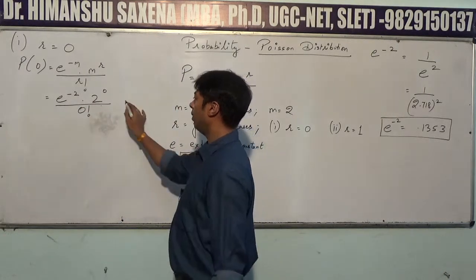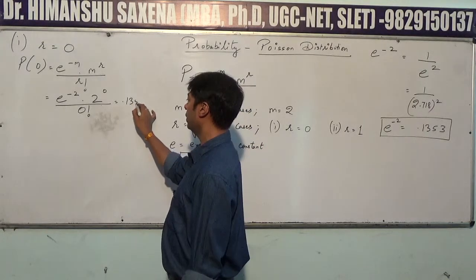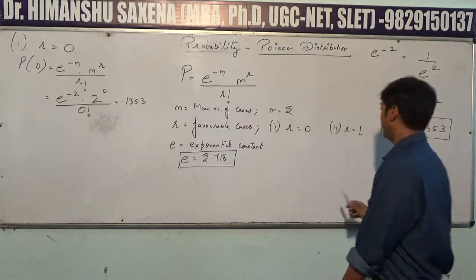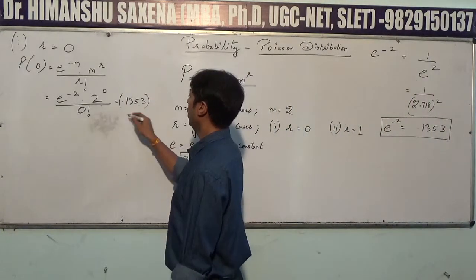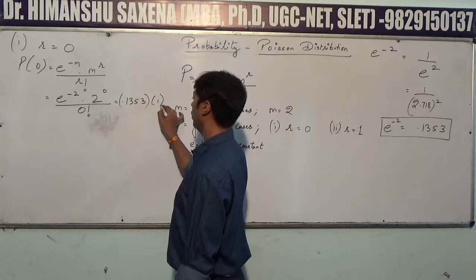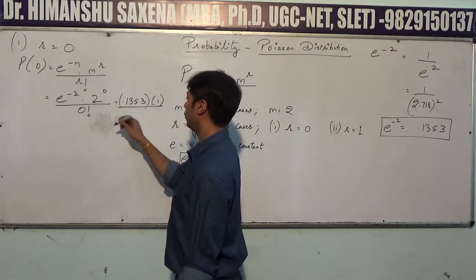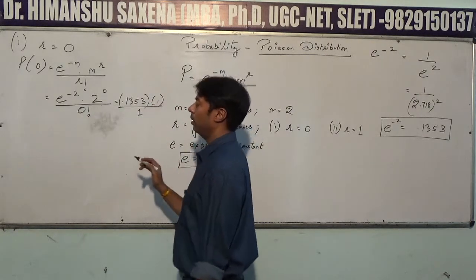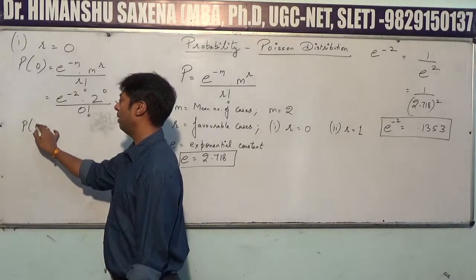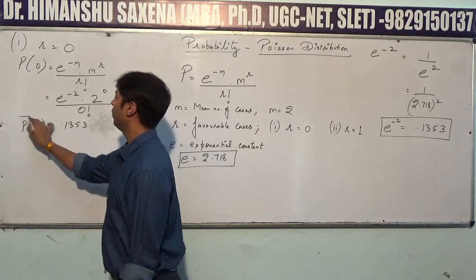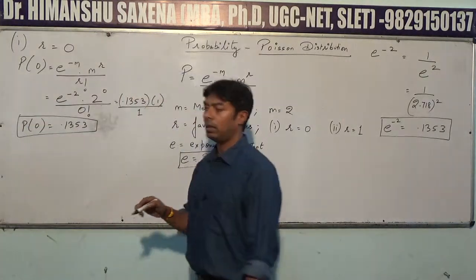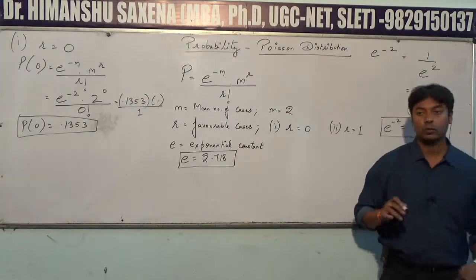Now e raised to the power minus 2 was 0.1353, as explained initially. Anything raised to the power 0 is always 1, and 0 factorial is also equal to 1. So we can say that the probability when no car is hired is equal to 0.1353. That's the answer of the first part.